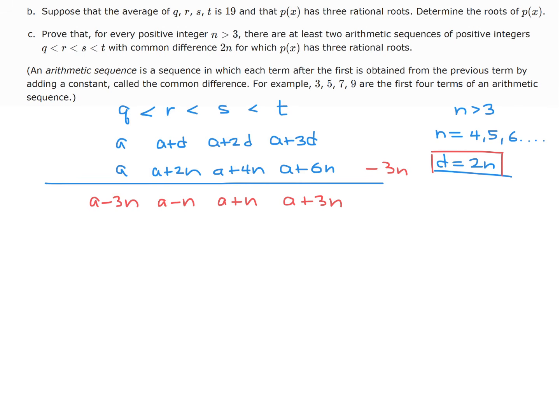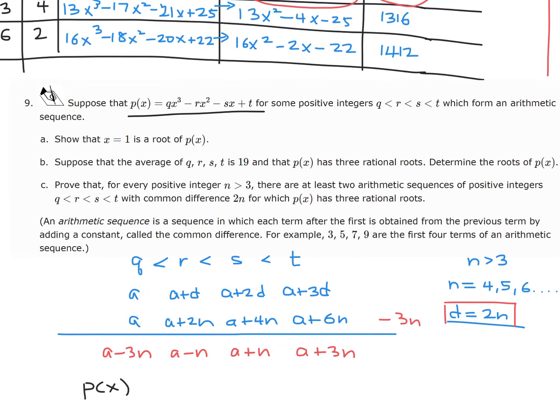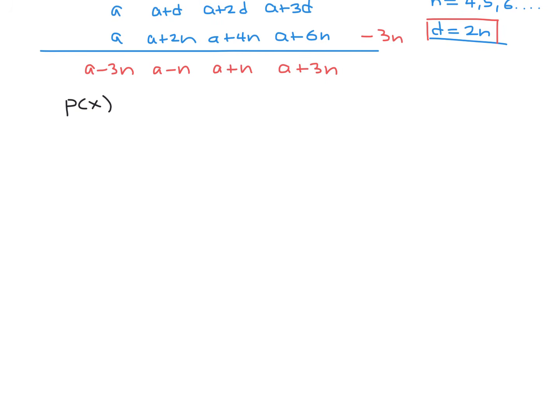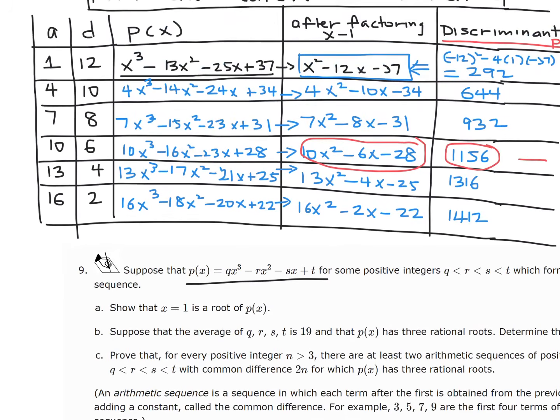Okay, so now let's plug it into p of x. So remember, it's the same p of x, the same question, so it's the same guy right here. Actually, wait, let me think about this for a second. Well, we actually found the roots, right? We found the roots in the previous question, and in the previous question we found that this was the guy right here.